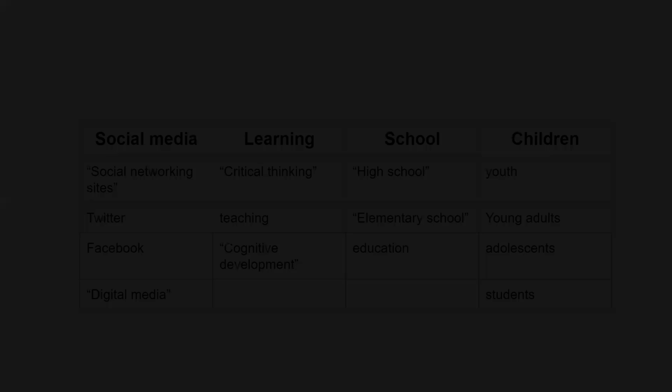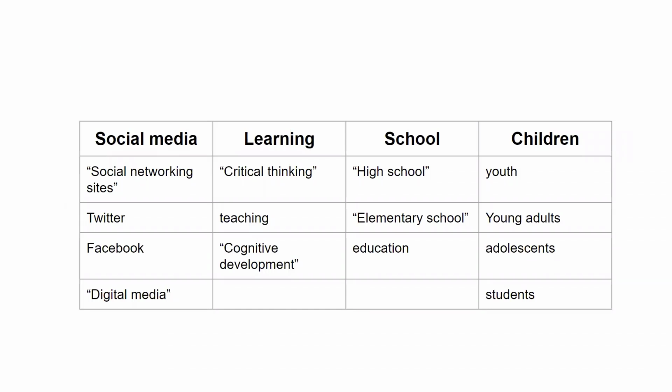So I'm going to give you a little example here. Notice here that we have some keywords like social media, learning, school, and children. But we also might think about variations on those words, whether they're synonyms, brand names, or related keywords.